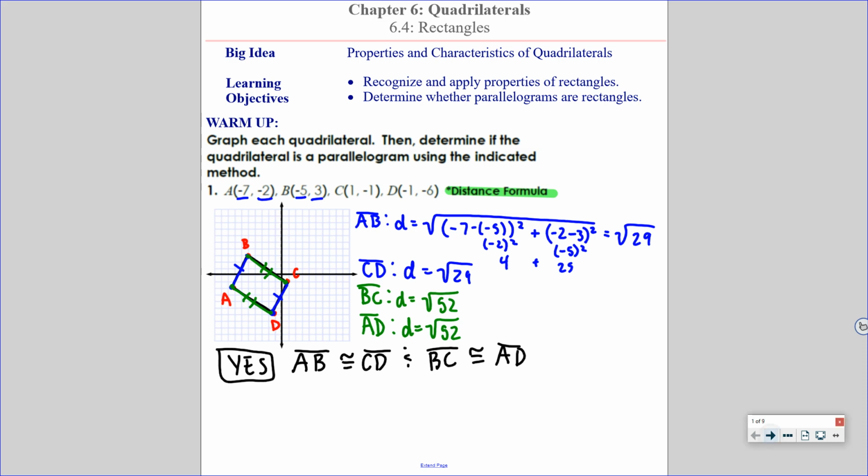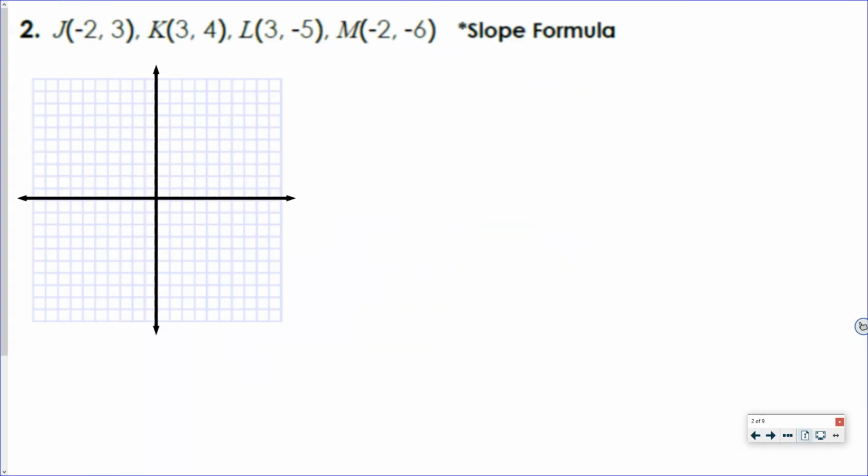All right, number 2 is a little different. This one says determine if it's a parallelogram by using slopes. All right, go ahead and plot that.